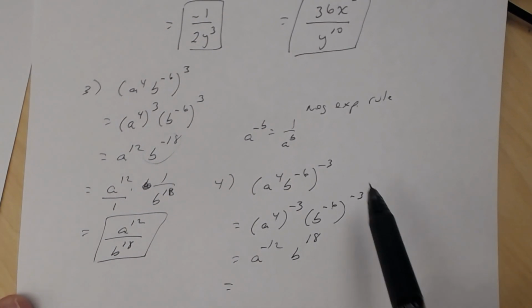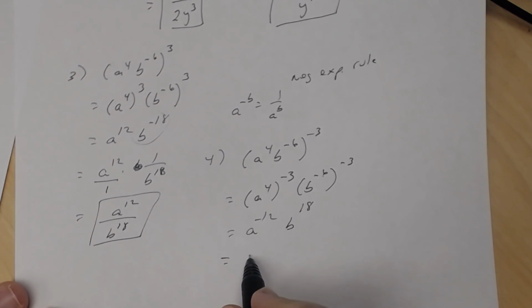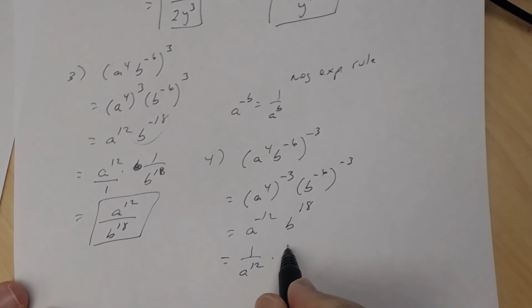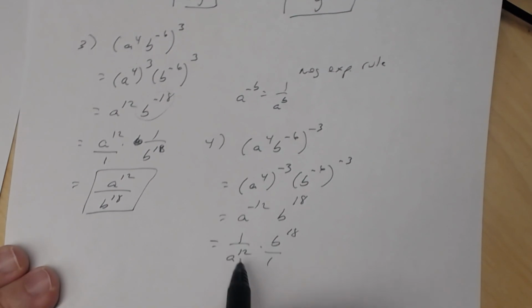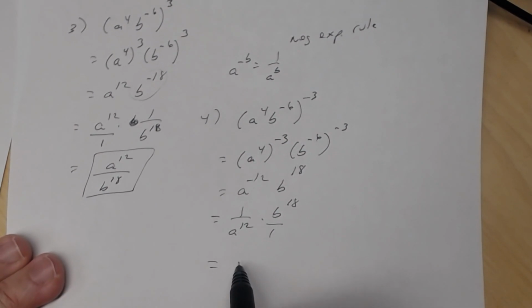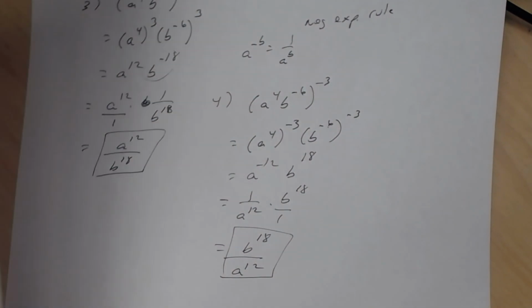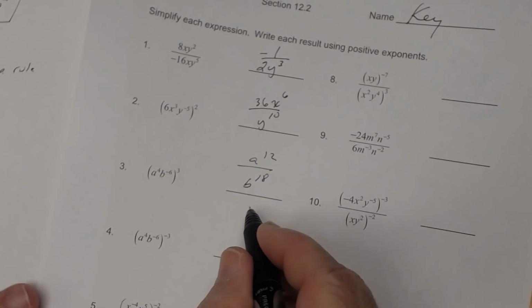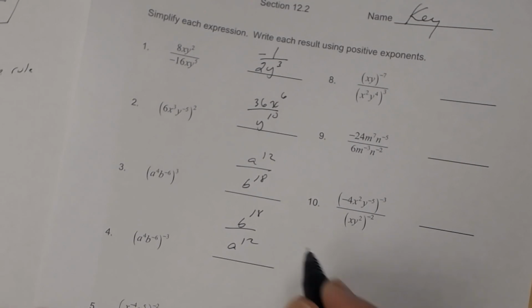Using the negative exponent rule, a to the negative 12 is 1 over a to the 12th, times b to the 18th over 1, so you multiply the numerators together. So the answer for number 4 should be b to the 18th divided by a to the 12th.